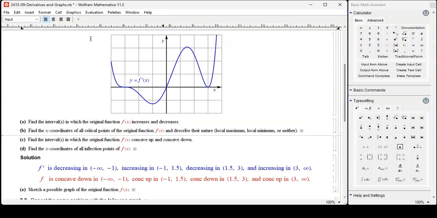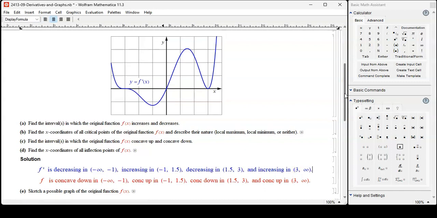So the graph going down, going up, going down, going up, that's the graph of the derivative function. So that corresponds to the concavity of the original function. Concave down, concave up, concave down, concave up. So you see, up is up, down is down.